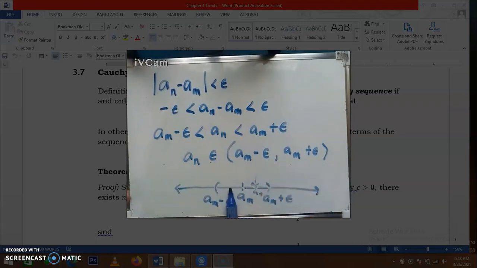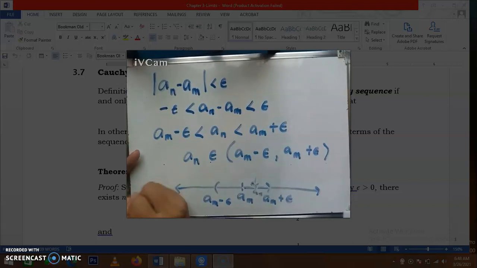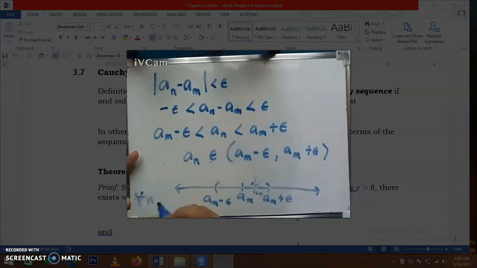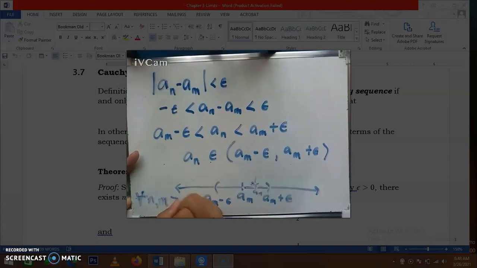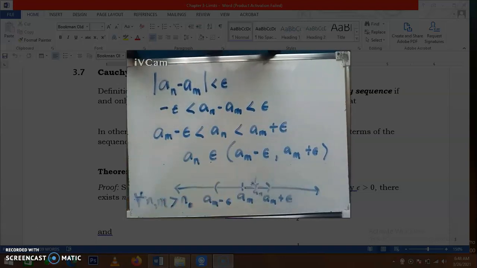It could be here as long as it is within the open interval. Take note that it depends on our epsilon. If we make this epsilon smaller, a sub n is still in the open interval. By the way, this is for all n, m greater than n sub 0.